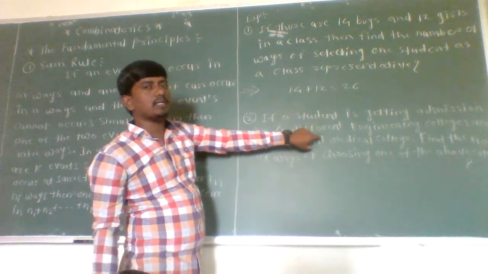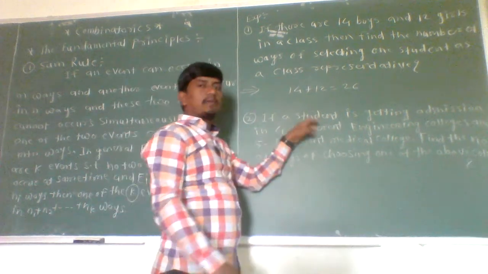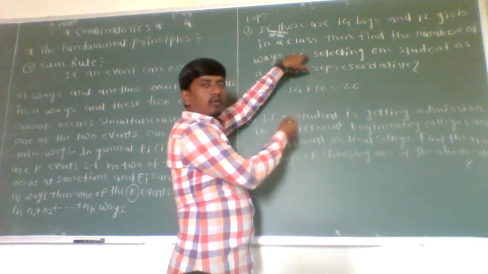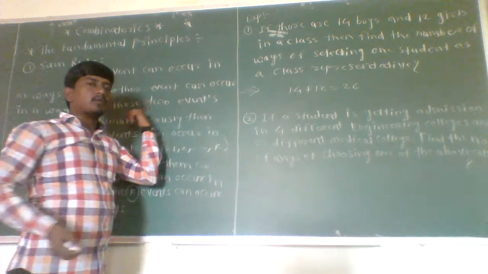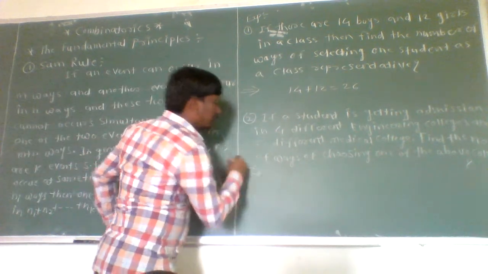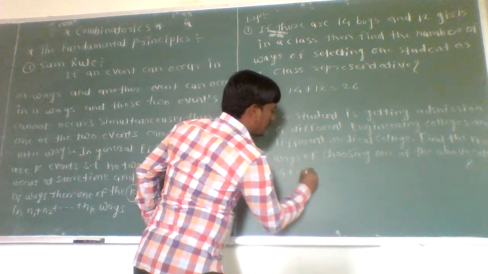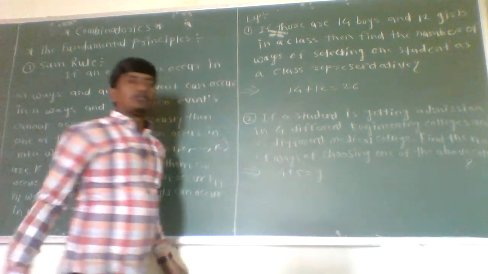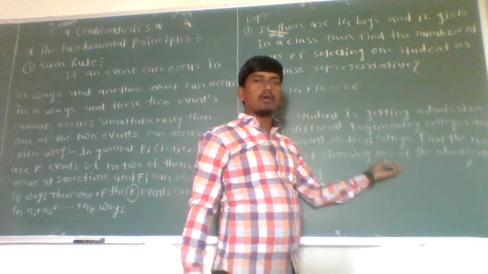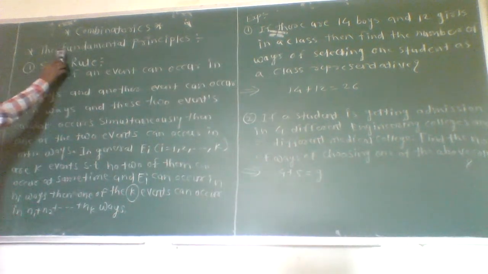If a student is getting admission, he or she can take admission in only one college. So here we can use the sum rule. According to the sum rule, there are 4 plus 5 equal to 9 ways of choosing one of the above colleges. Okay, now we have to see what is the product rule.